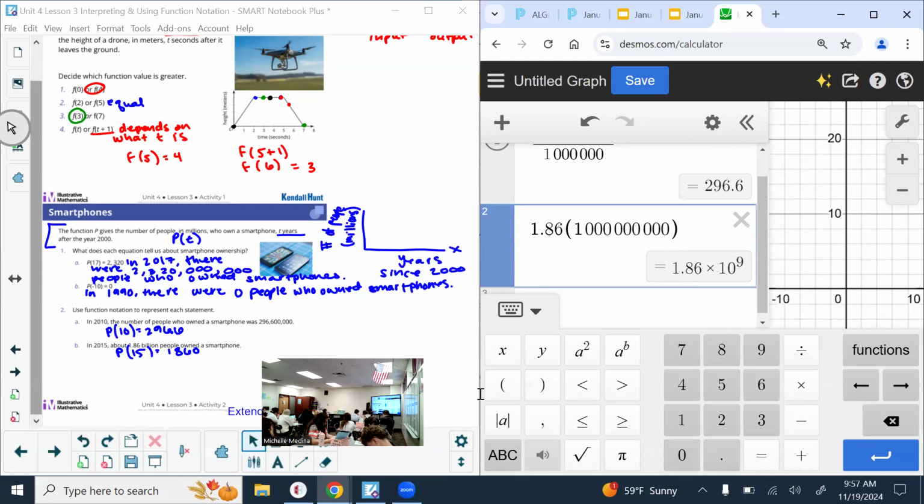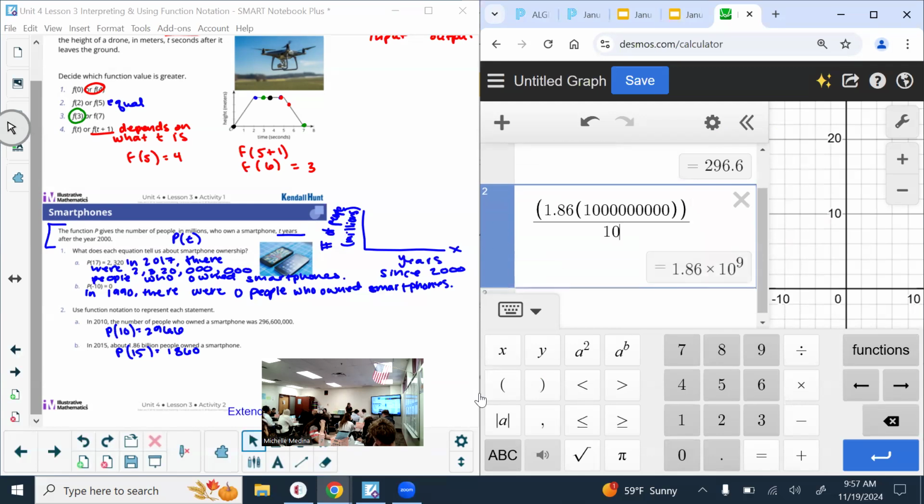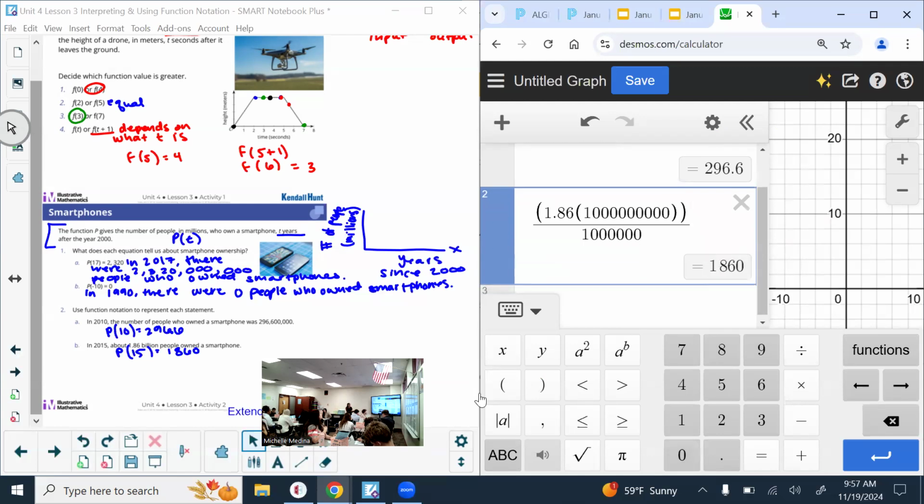So first I made it the billion increment, because right now it's like 1.86 billion. And now I'm gonna divide this whole thing by 1,000,000. I don't know how you guys did it, maybe you know an easier way, but this is the easiest for me. Okay, yep, so good, we converted it right. Questions on how to interpret function notation, how to write it in function notation? Good.